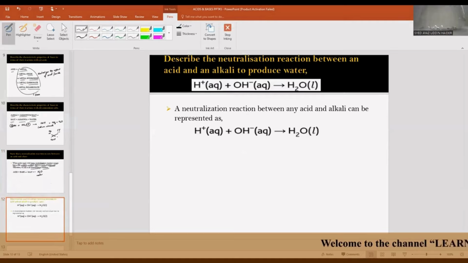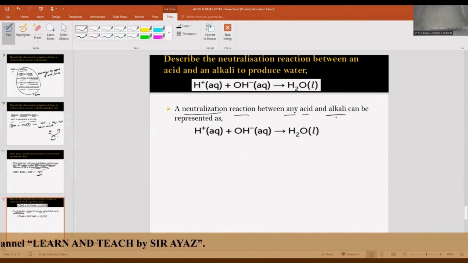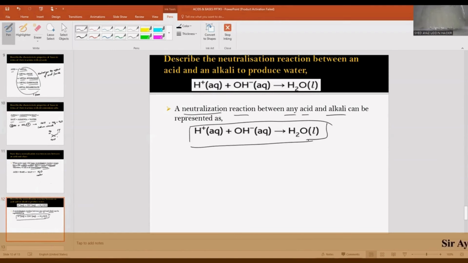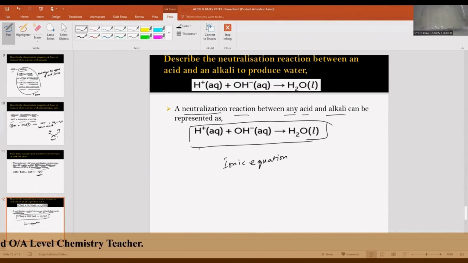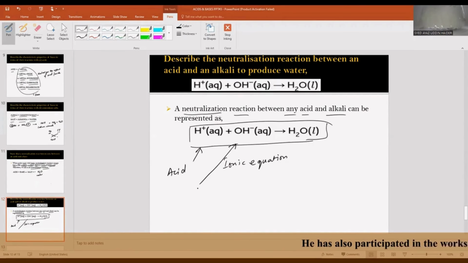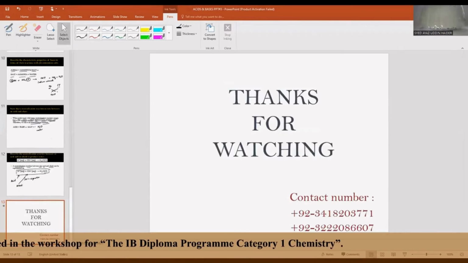For any neutralization reaction between any acid and alkali, you will write this equation. This is the ionic equation for the reaction between acid and alkali. This is produced by acid, H positive ion, and this is produced by alkali, OH negative ion, and they will join to produce water.